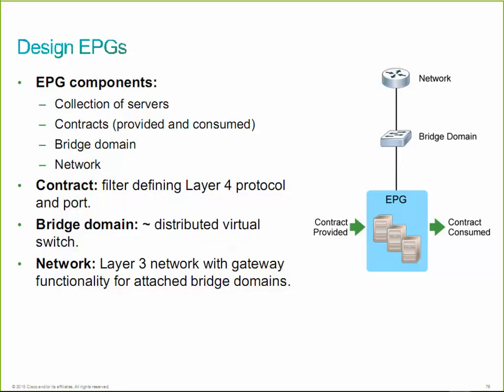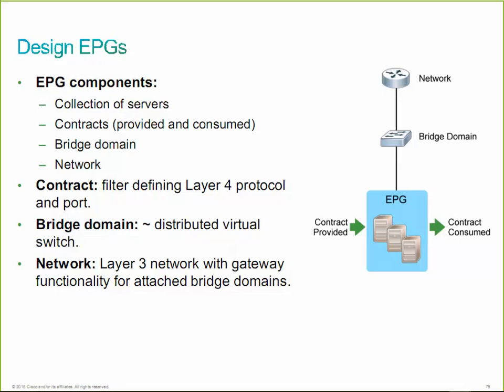There's a contract. Contracts are provided and consumed. That's directly related to a test question. A contract basically defines the layer 4 protocols, the ports that are allowed, et cetera. And there's an implicit deny with the contracts themselves, much like you would see with most security architectures.